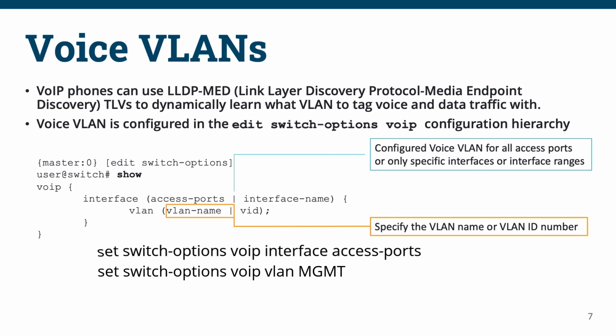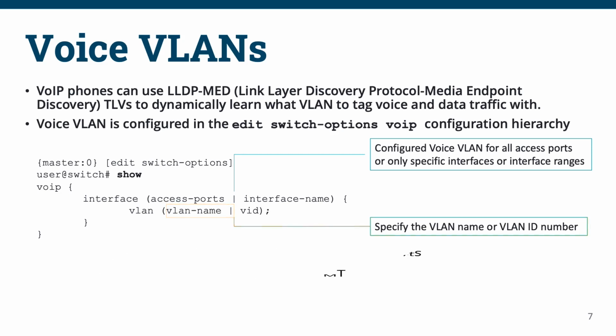Although it's not covered in the JNCIS ENT, I did want to mention that it's possible for the VoIP phones to dynamically learn what VLAN ID to tag voice traffic with by LLDP MED.